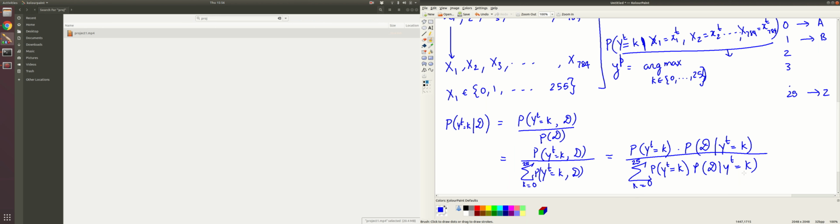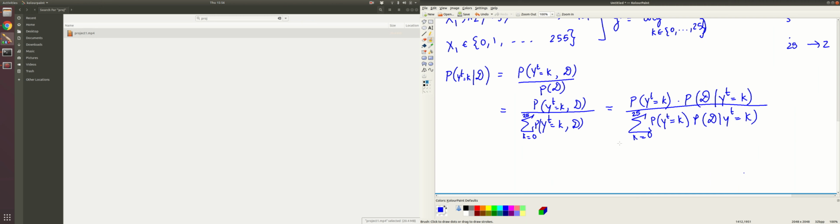Now let's try to simplify this further. D is nothing but a short form for x1 equal to small x1t, x2 equal to small x2t, all the way till x784 equal to small x784t.